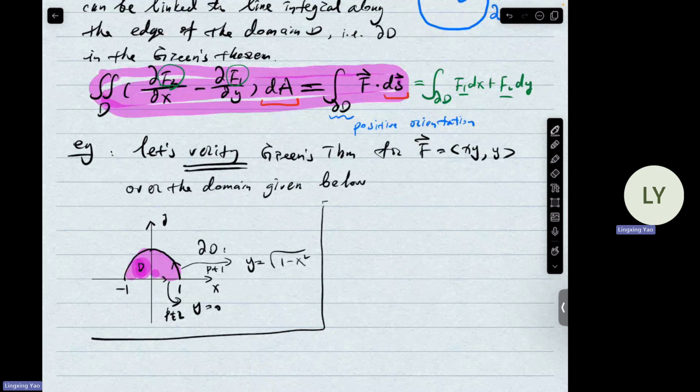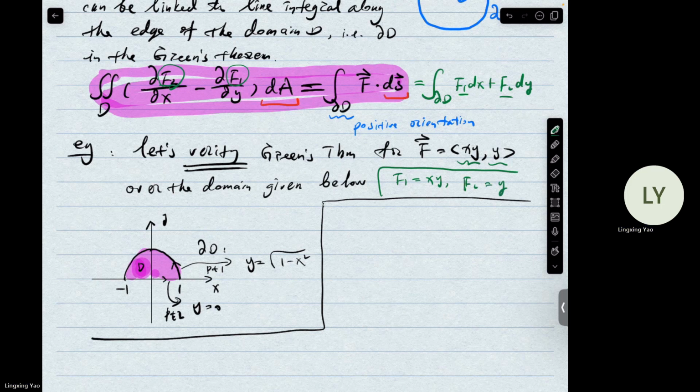According to this given question and Green's theorem, what can we comment on? For this vector field, I have this to be f1, this to be f2. So what we better write is capital F1 is x times y, capital F2 is little y.